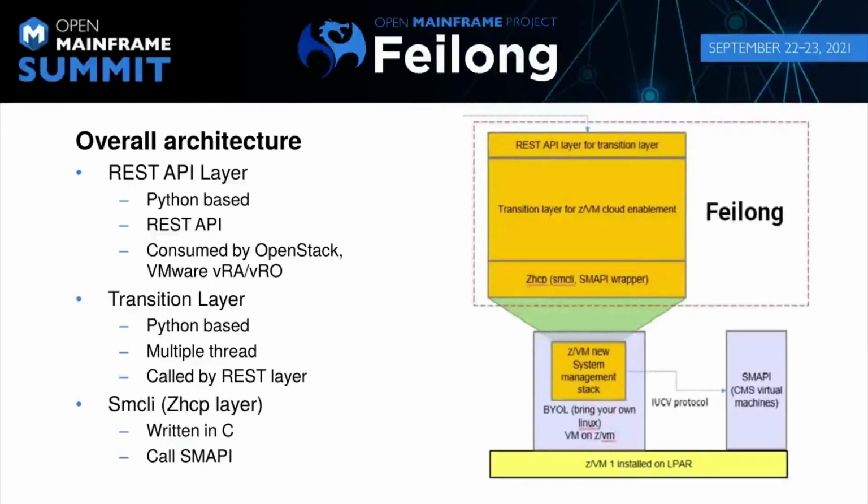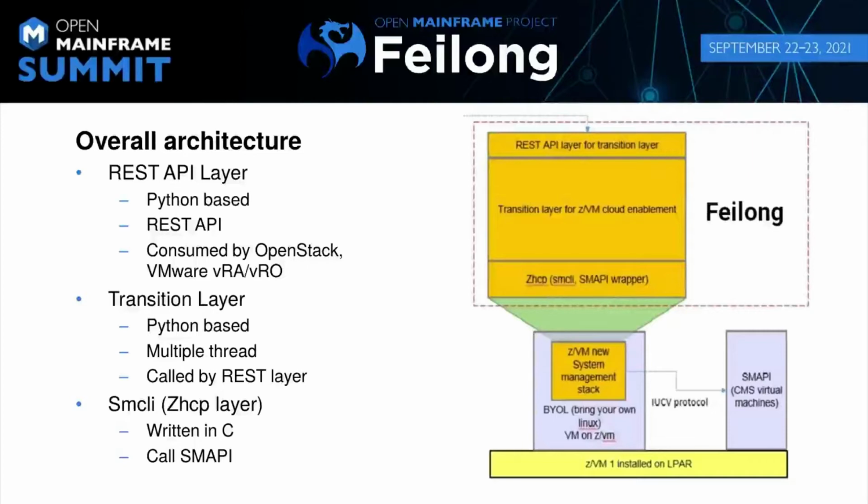The second layer of the architecture is a transition layer. It translates what is happening at the REST layer into what will happen at the bottom layer, which we'll talk about in a moment. But the transition layer also is Python based. It supports multiple threads, and it is called by the layer above.